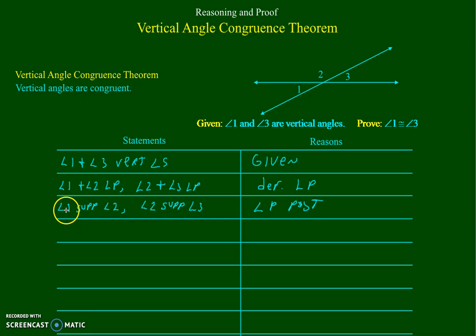Now, since we know that angle 1 is supplementary to angle 2, and angle 3 is supplementary to angle 2, then by the congruent supplements theorem, angle 1 must be congruent to angle 3, because both of these angles are supplementary to the same angle. So I said by the congruent supplements theorem, angle 1 is congruent to angle 3.